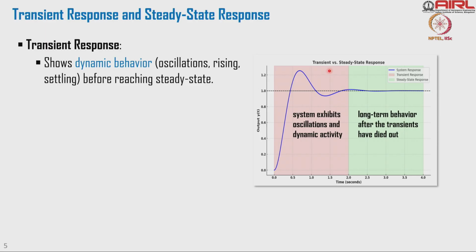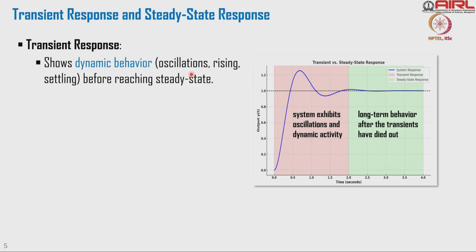What we are interested in is that the red part shows the transient characteristics of the system and its dynamic activity, whereas the green part shows the long term behavior after the transients have died out. This is basically our forced or particular solution. The initial conditions and the poles do affect this response, and we are trying to see what the transient characteristics are. This transient response shows the dynamic behavior.